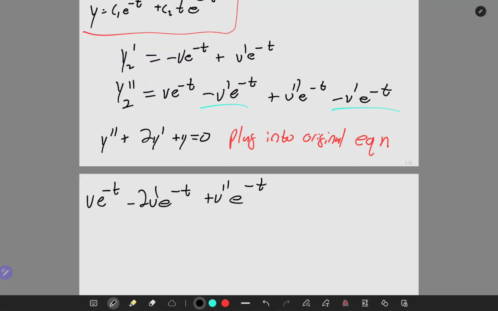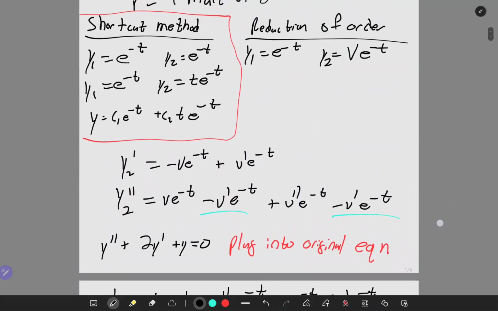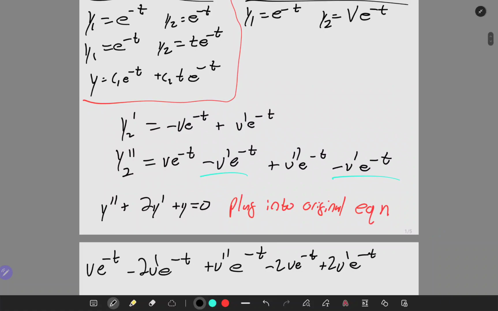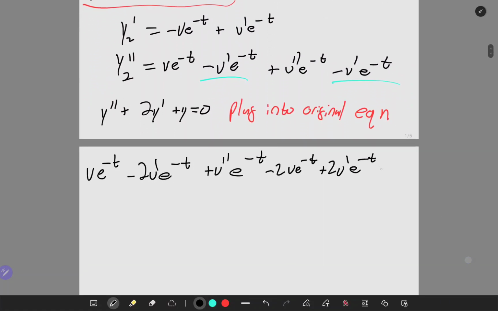So now we have our plus 2y prime, so we have minus 2v e to the negative t plus 2v prime e to the negative t. We have one term left, plus y, so we have plus v e to the negative t is equal to 0.